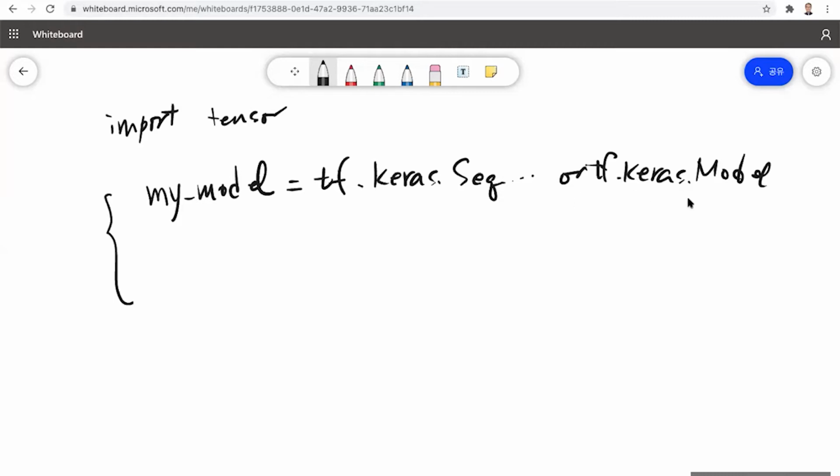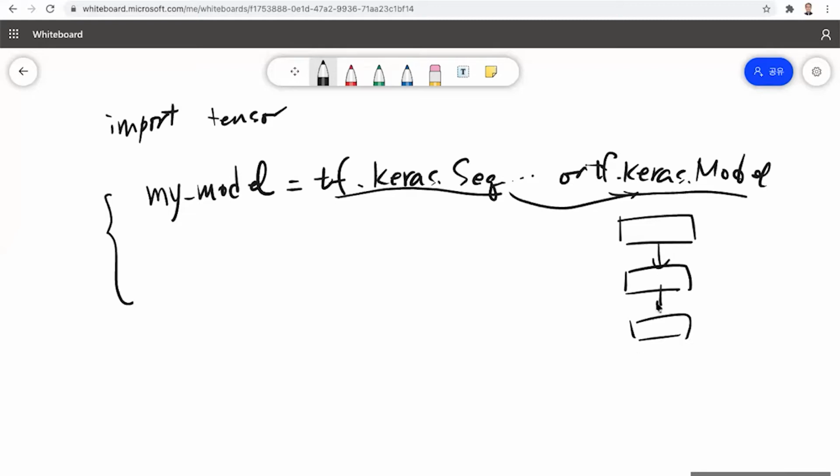So actually the Model is a much broader one. Anything you can make with the Sequential model, you can make in the tf.keras Model. And in this model setting, what you are going to do is just define the layers.